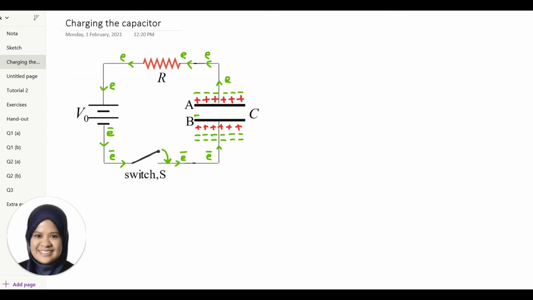Okay, so apa berlaku bila elektron dah menjauhi atau bergerak meninggalkan plate positif? So saya boleh padamlah charge negatif pada plate positif. A saya dah menjadi positive plate. This is how we charge our capacitor.